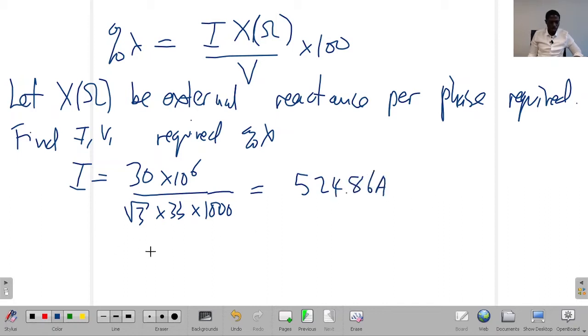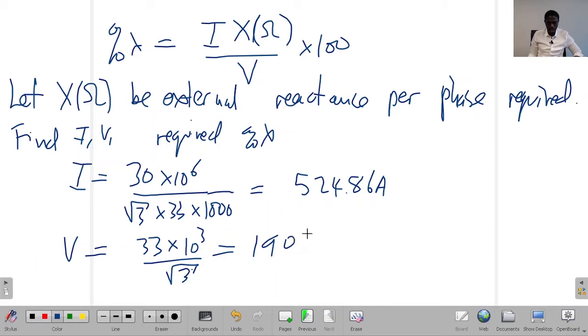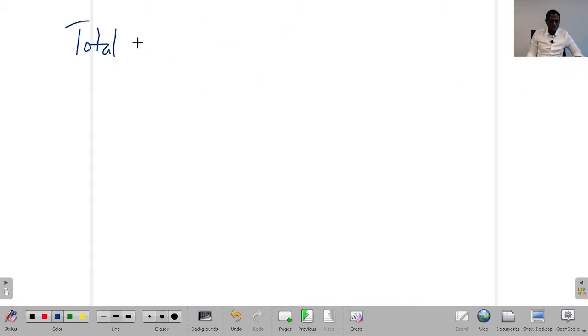And then we also find the voltage to be equal to 33,000, or 10 power 3 over root 3. This gives us the per phase voltage, which is 19,052.6 volts.